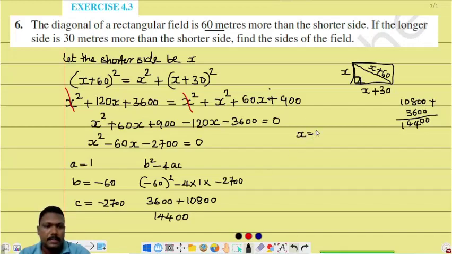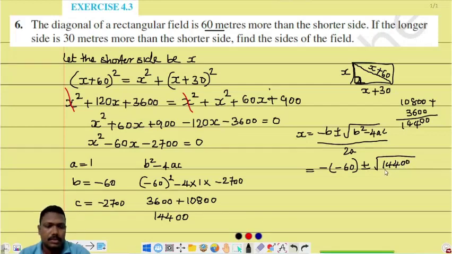Now you can use the formula. x is equal to minus b plus or minus root of b squared minus 4ac, all divided by 2a. So minus of minus 60, don't forget this one, plus or minus root of 14,400, divided by 2a, that is 2 into a, here 1.